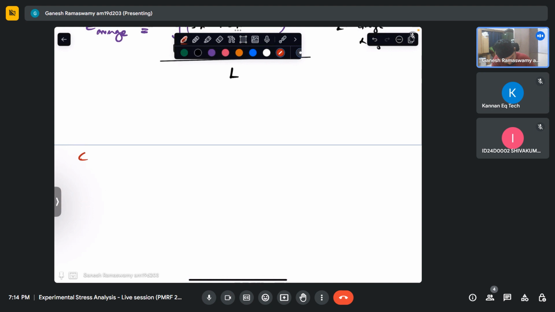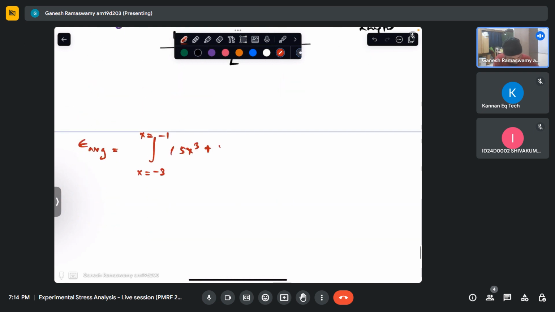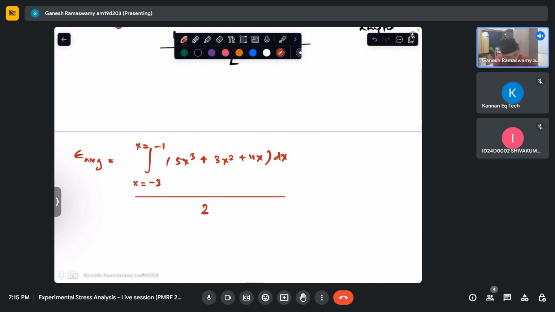So the average strain is integrating from x equal to minus 3 to minus 1 of this function, 5x cubed plus 3x squared plus 4x dx, divided by 2 mm, which is the gauge length now. So it is simple to calculate this. So let us go ahead and calculate this.